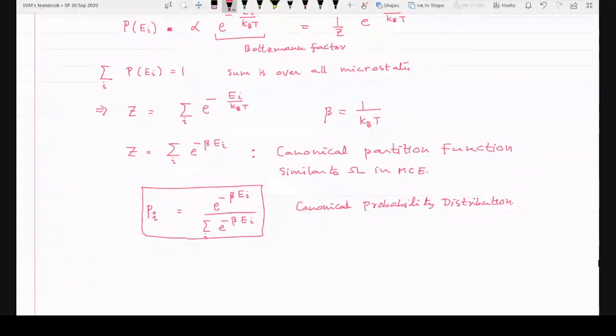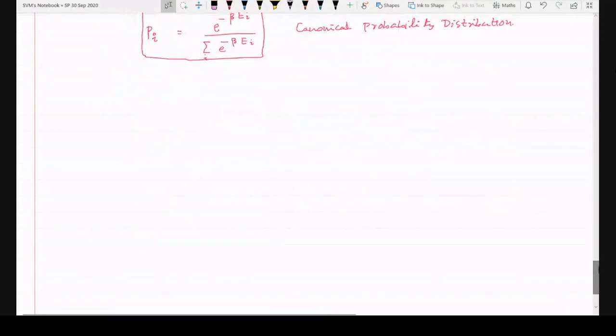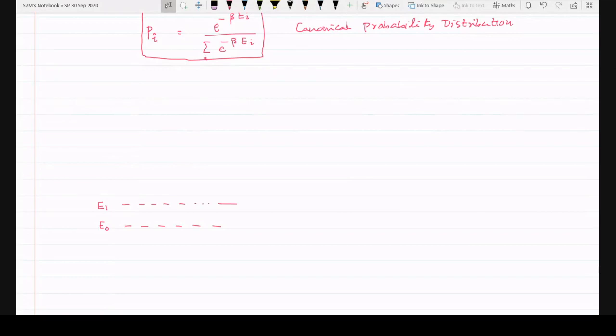Now, what I'm trying to say here is the sum is over all microstates. When I say this, I mean the following. The energies of the microstates are different. For example, let's say I have some energy E0, and there are several states corresponding to E0. Then there is an energy E1, and there can be several states corresponding to E1.